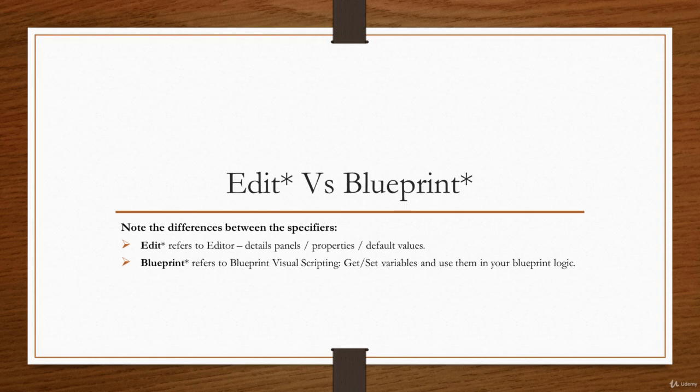And I use the asterisk here to refer to all of the specifiers that relate to blueprint, and the same with the edit, so edit instance only, edit anywhere, stuff like that. So again, edit refers to the editor, changing default values, changing values in the details panel. Blueprint refers again to working with variables and stuff in blueprint visual scripting. So in the graph, for example.